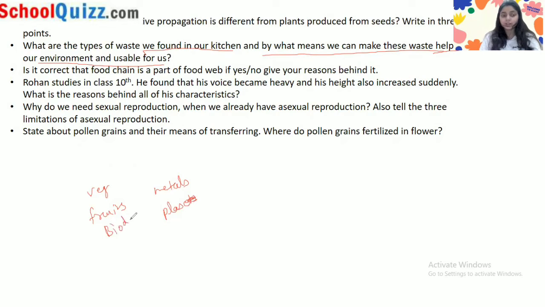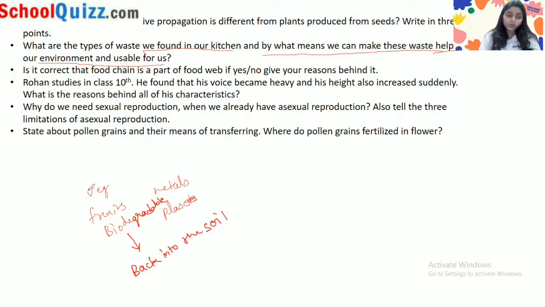The organic waste is biodegradable waste. Why? Because after some time it can go back into the soil. How?